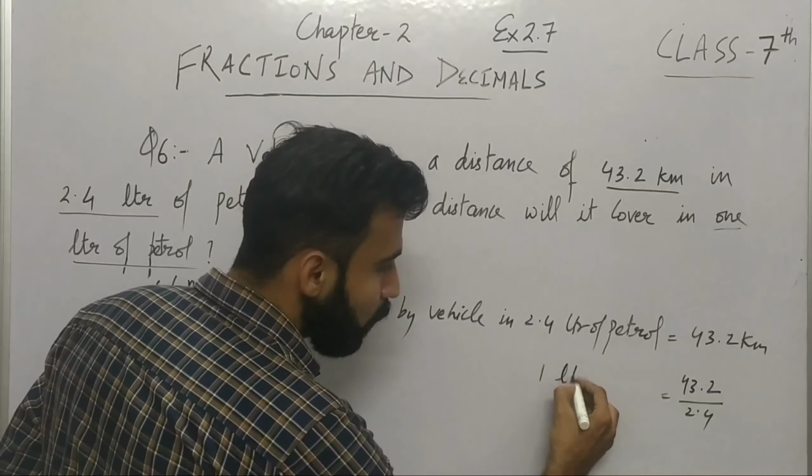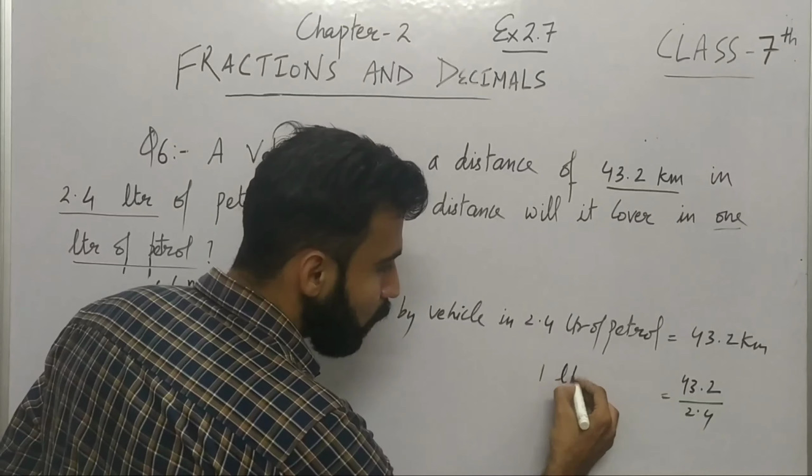Remember? So now what we are going to do is remove the decimals from here and put zeros in both numerator and denominator. Now remember, when we remove the decimal, I've shown you in the previous questions.